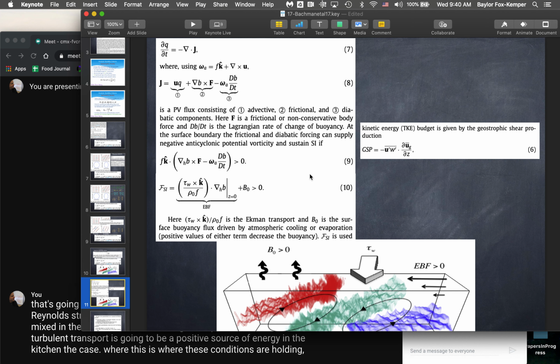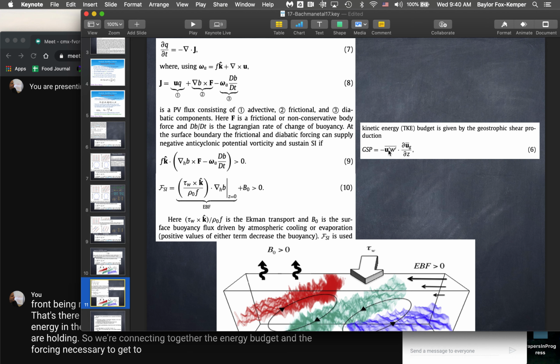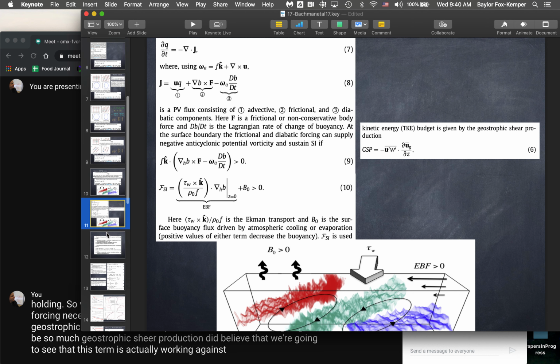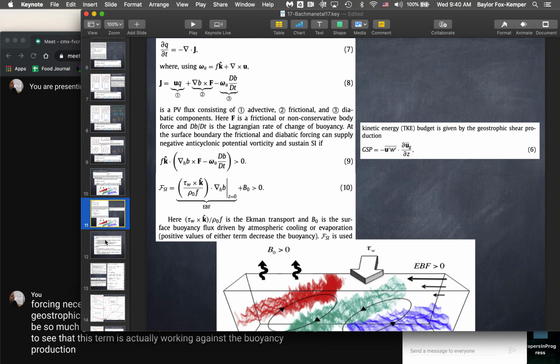So we're connecting together the energy budget and the forcing necessary to get to SI. So SI is not going to occur unless the geostrophic shear production is positive. And in fact, there's going to be so much geostrophic shear production that we're going to see that this term is actually working against the buoyancy production.